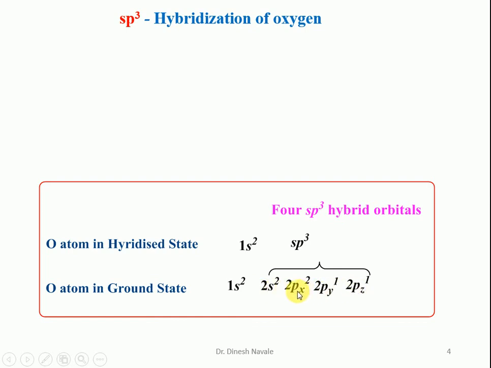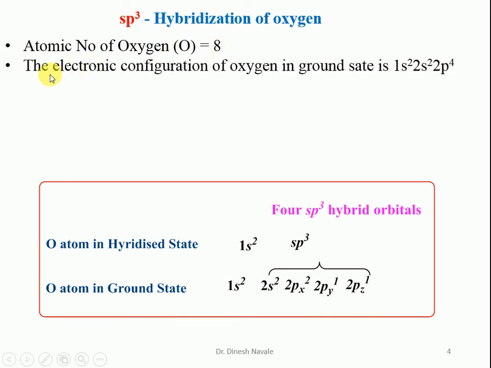The 2p4 will be subdivided into 2px2, 2py1 and 2pz1. So this will be the electronic configuration of the oxygen atom in the ground state.